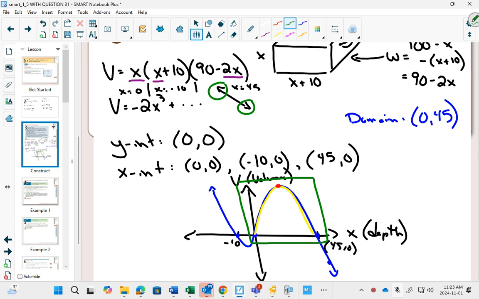That's what I want to see. I want to see that part hitting the maximum. So what do I know? I know that I need to at least go up to 45. Probably want to go a little bit higher than that. I don't need to see anything in the negatives because it doesn't make sense, but I probably want to see a little bit of the negative because I like to see my y-axis. So I'm going to go back to my calculator.